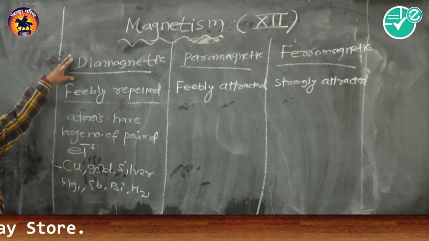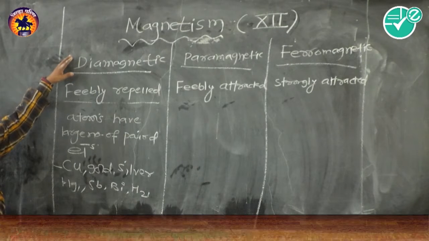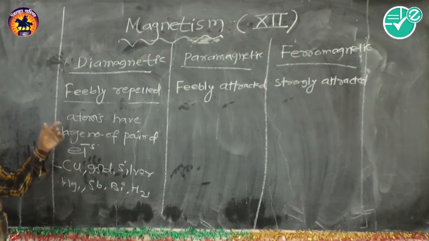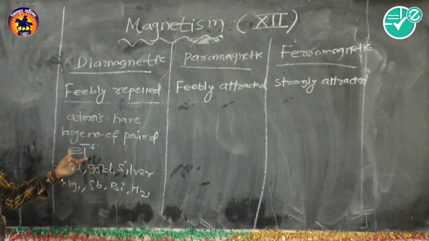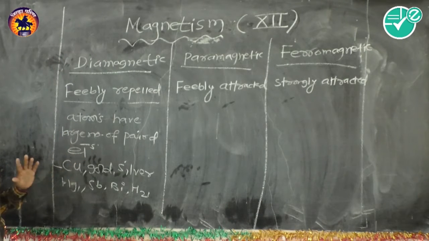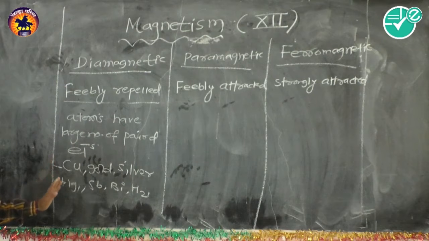So diamagnetic materials are the substances whose atoms have a large number of paired electrons. And the examples we have seen: copper, gold, silver, mercury, antimony, bismuth, hydrogen, alcohol, etc.